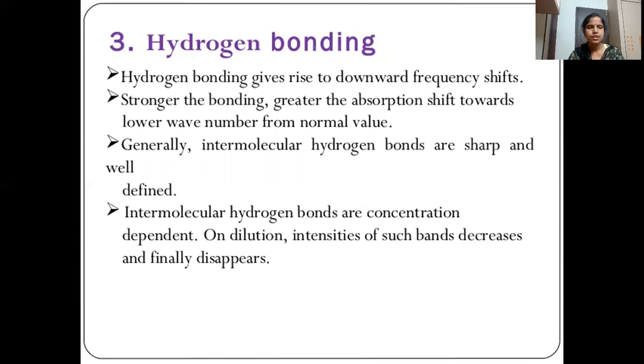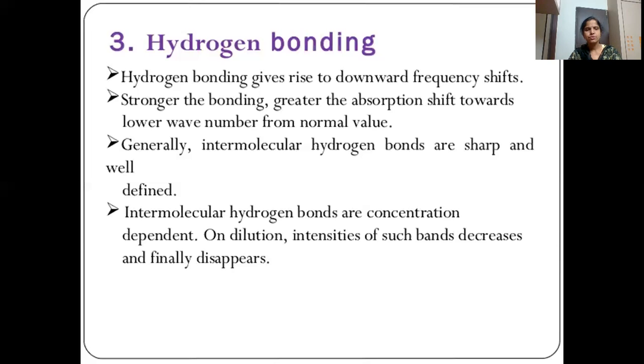Intermolecular hydrogen bonds are concentration dependent. Remember this point. As you change the concentration, the intermolecular hydrogen bond also changes, that is, the frequency value will change. On dilution, the intensities of such bands decrease and finally they disappear also.